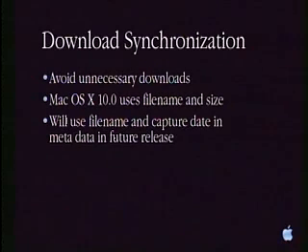One thing about download synchronization. Camera devices are increasing in resolution at an amazing rate, and you can find cameras with 3, 4, 5, even 6 megapixels on the market today. So you can imagine the file size is getting bigger and bigger.